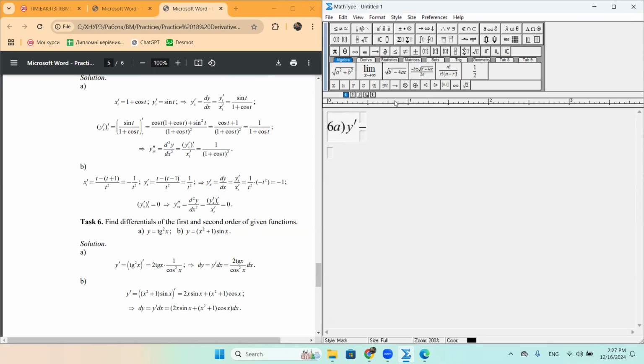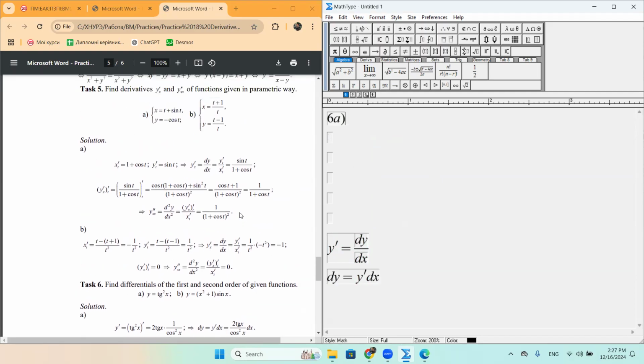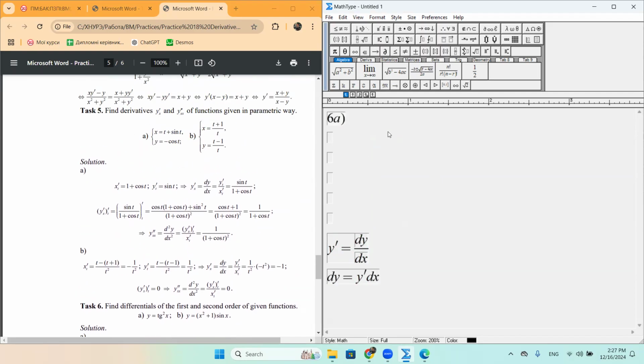So basically the formula is the next. So dy divided by dx. So the differential of a function looks like this: y prime multiplied by dx. Well, let me move it to the bottom, and we will calculate first the derivatives and then differentials.